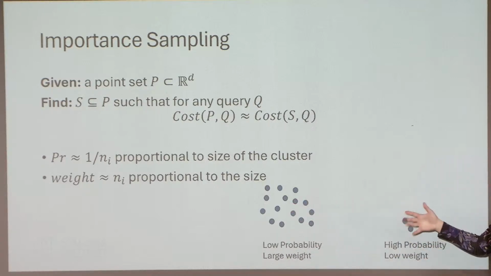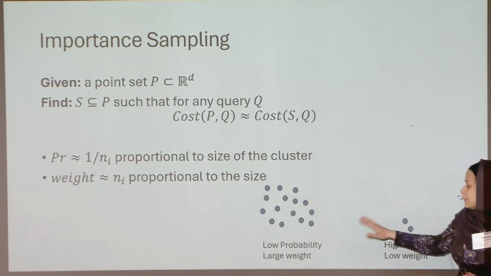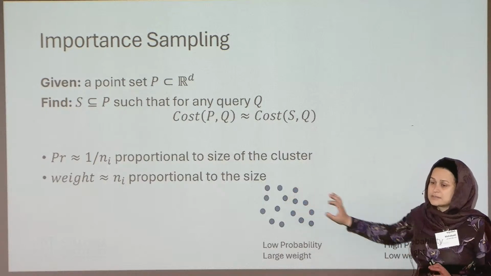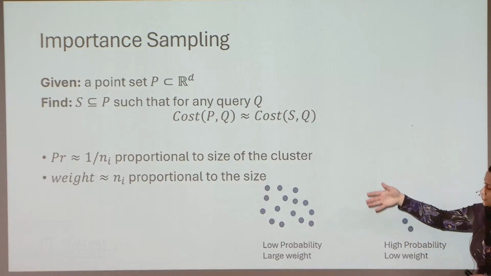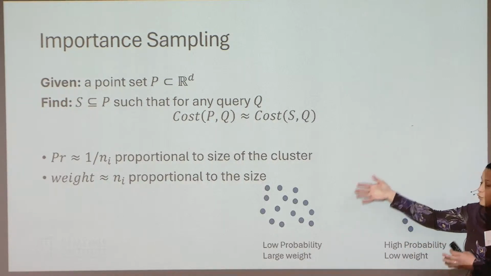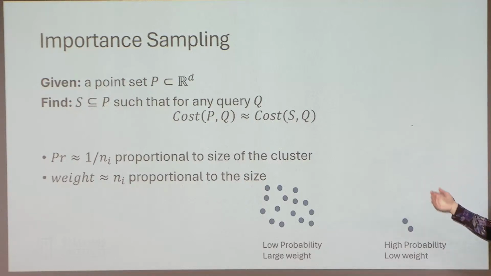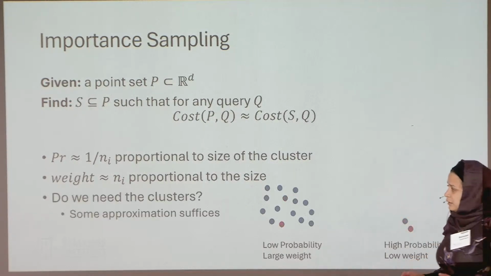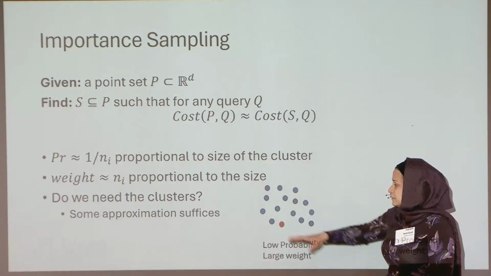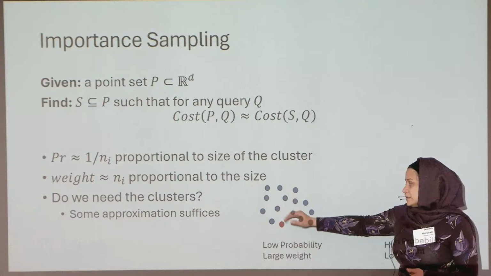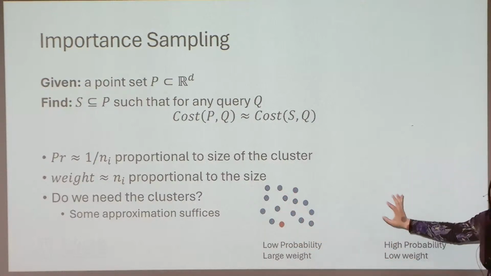So you want to somehow sample the points proportional to the size of the cluster they lie in. Again, there's a problem here: we want to find a coreset for clustering, but now maybe we have to do the clustering first. Instead, what people have been doing in the past is that in many instances an approximate clustering would suffice.